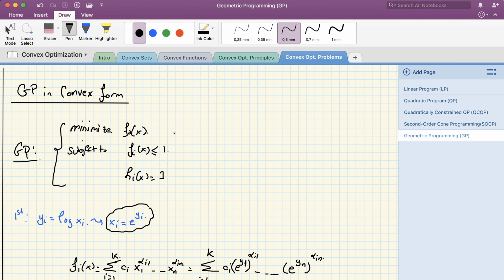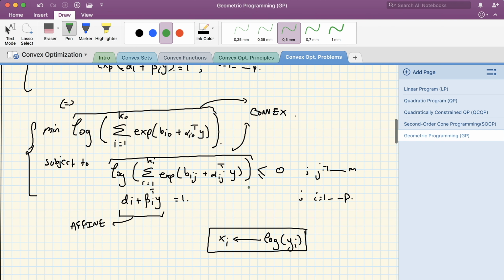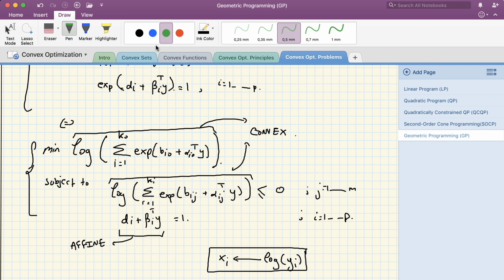To make the distinction, we're going to refer to this problem, which is not convex, as a GP in polynomial form, right? We've got all those polynomials around. And the one in convex form will be referred to as a GP in convex form.